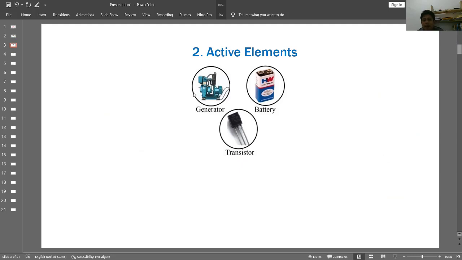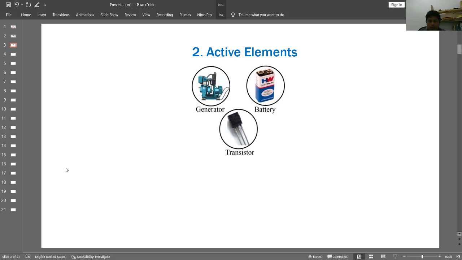So the active elements now, and we see some examples here: generator, battery, any source that provides energy to the circuit or provides a power gain to the circuit is considered an active element. So let us write here a note regarding an active element.